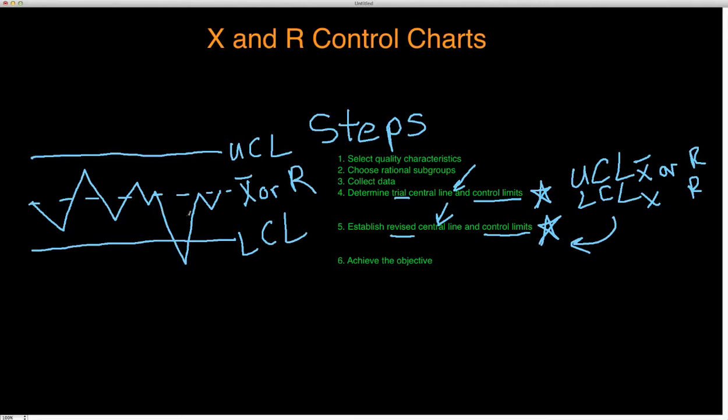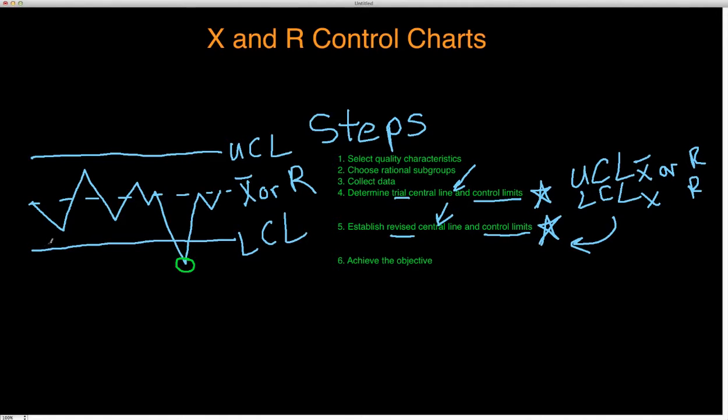The first step is to get a trial control chart, and what we'll do with that is we will revise that control chart. The goal is to set up these control charts so that these control limits give us a level of certainty that any dot that falls outside of the control limit has an assignable cause.